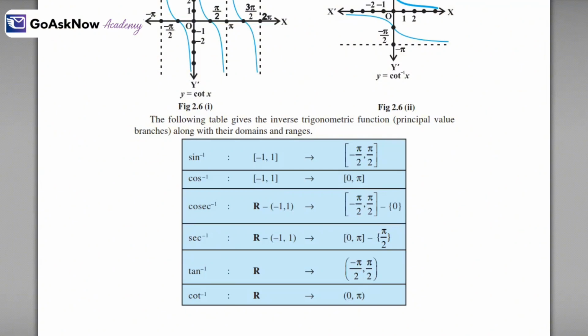After that, we saw the definitions of inverse trigonometric functions, that is, the inverse of sine, cos, sec, cosec, tan, cot. And we also discussed their domains, ranges, and their graphical representation, how the graphs were drawn.